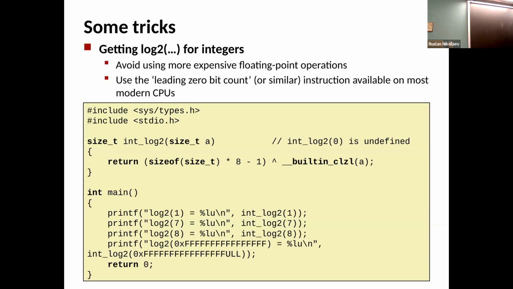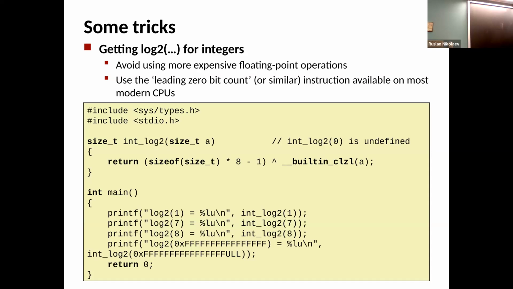So if you have binary 0, 0, 0, 1, 1, 1, 0, 1, count leading zeros is going to return 3. If you have 1, 1, 1, 1, 0, whatever, count leading zeros is going to return 0.